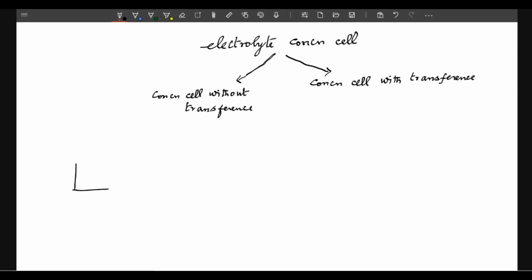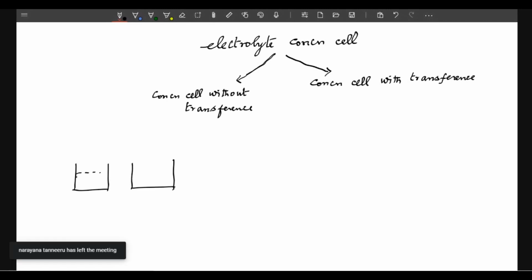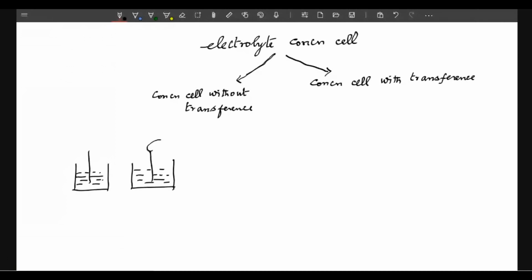Now we will represent a concentration cell: nickel, and pure nickel electrode. And I want to derive EMF from these. Pure electrodes are used, and both have the same electrolyte, nickel 2 plus.